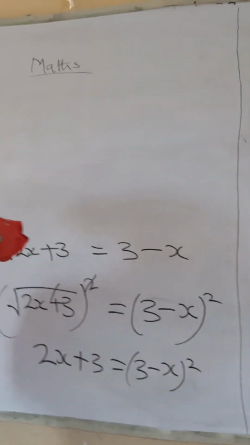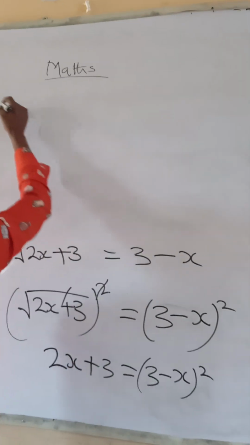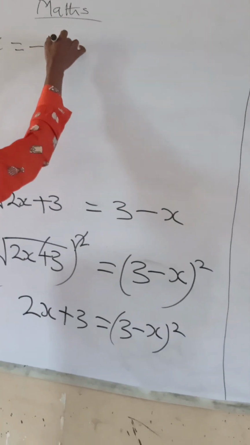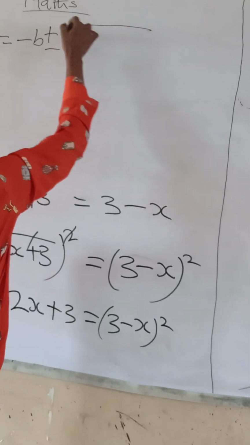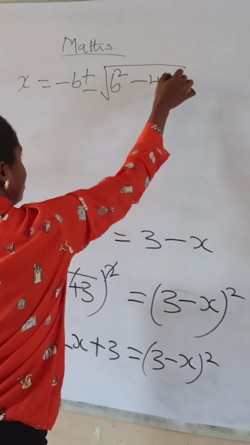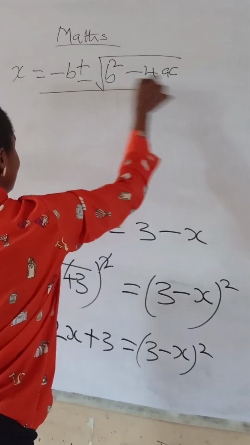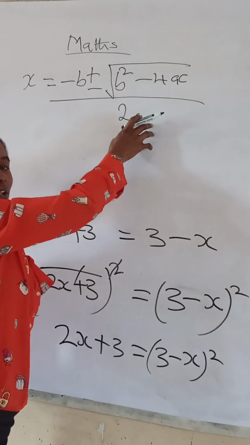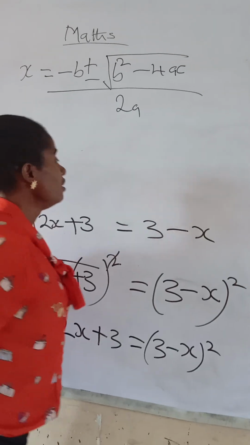The formula for the quadratic equation: x is equal to minus b plus or minus the root of b squared minus 4ac, divided by 2a. This is the formula for the quadratic equation.